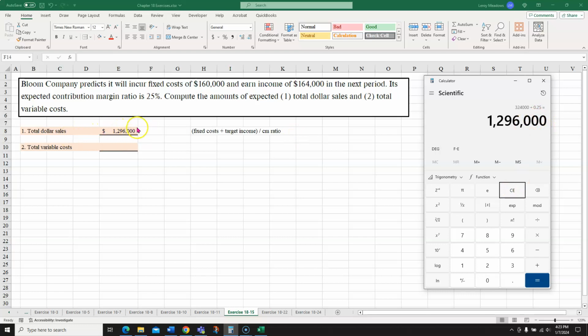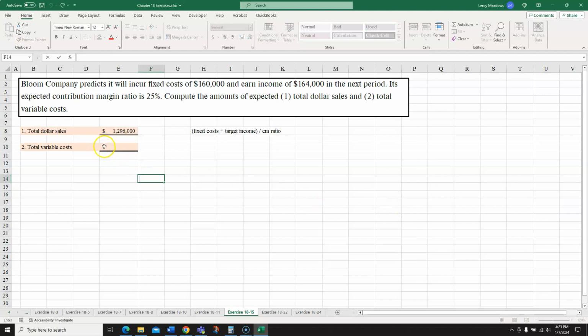So that means out of total dollar sales, $1,296,000, 75% of that will be variable costs, since the other 25% are contribution margin. So I'm going to take that $1,296,000 times 0.75, and I'll get variable costs of $972,000.